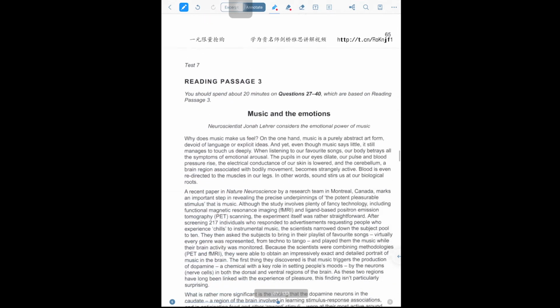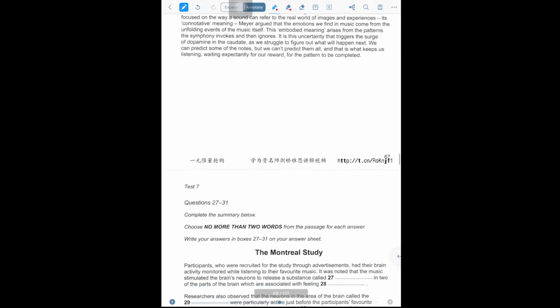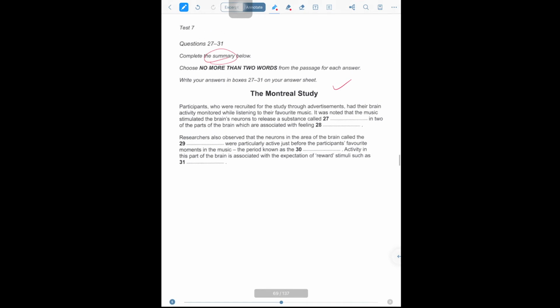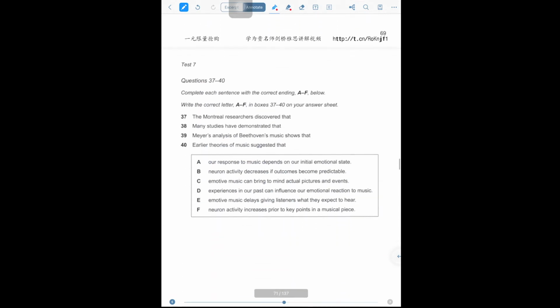Passage 2 looks okay. Passage 3, music and emotions. Neuroscientist John considers the emotional power of music. Okay. Fill in the blanks, I like. Wait, it's a summary. Okay, multiple choice.